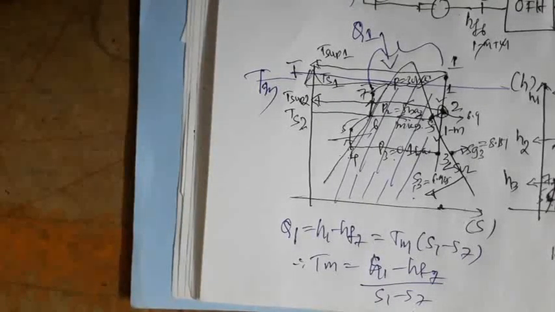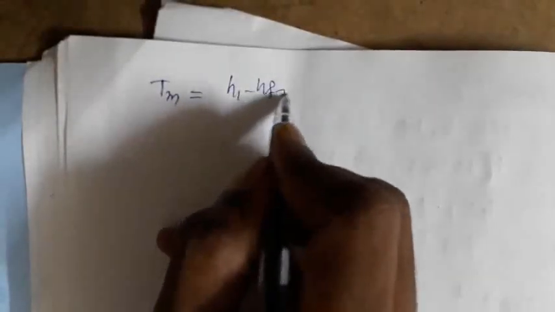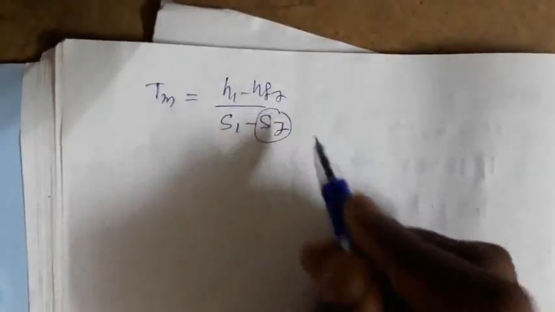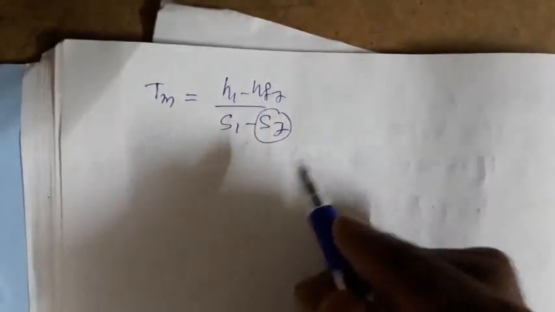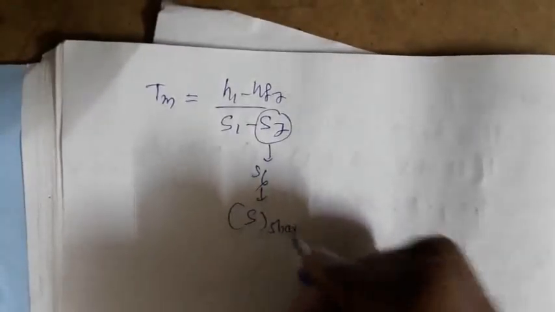What is S7? S7 is the entropy SF at 30 bar pressure. Hence we can write the mean temperature as H1 minus HF7 divided by S1 minus S7. S7 we can take as the specific entropy at 6, that is S6, which is nothing but the specific entropy at 5 bar.